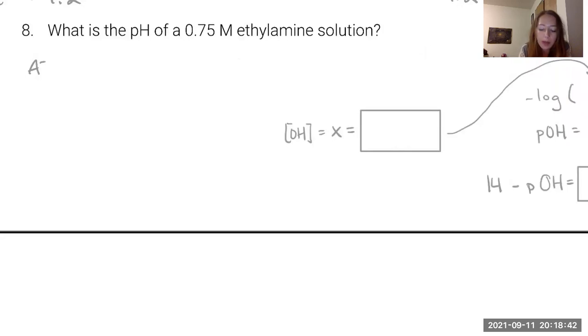All right, so A minus plus water, it's protonated, plus OH minus, okay? So we start with 0.75 here.